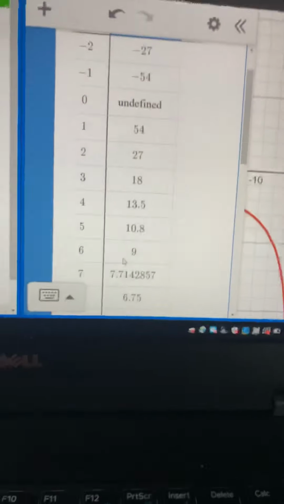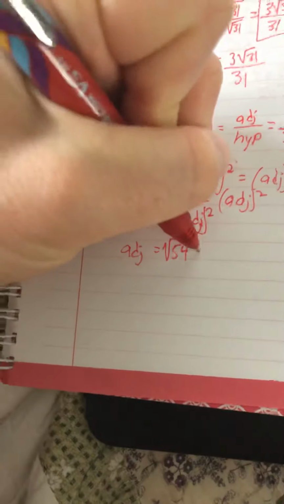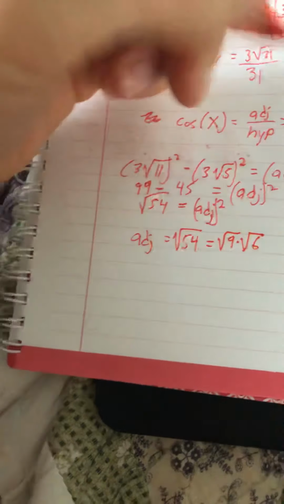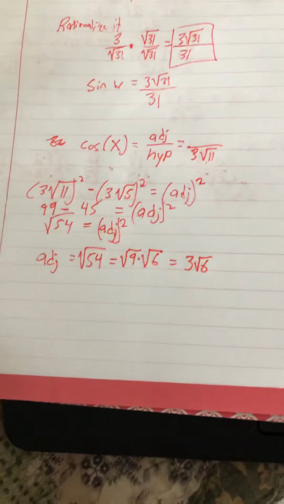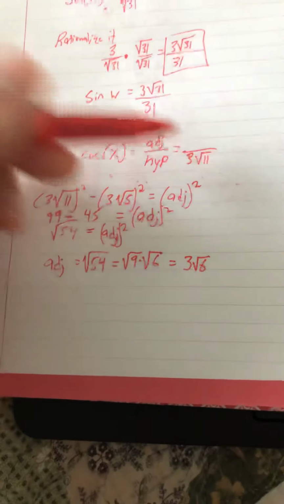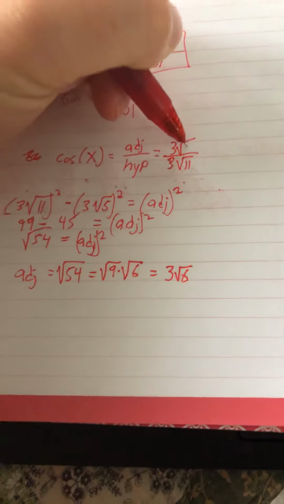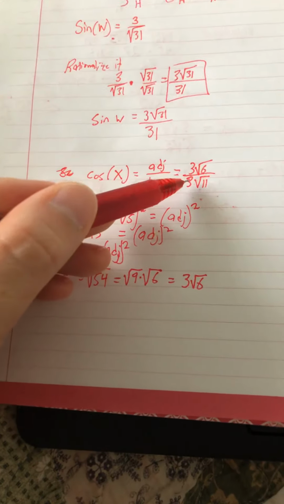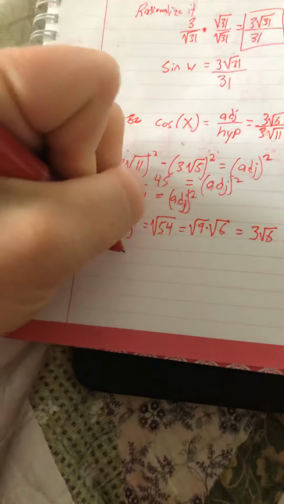So we can simplify that radical. So remember from a long, long time ago, this equals the square root of 9 times the square root of 6. So our adjacent is 3 root 6. So we're going to go back up here. We got our 3 root 6, and that's the adjacent.